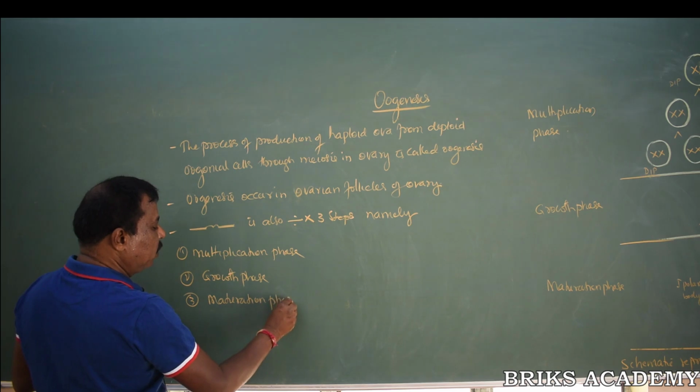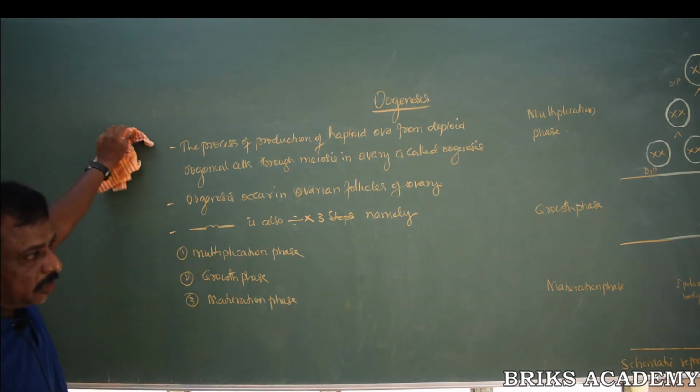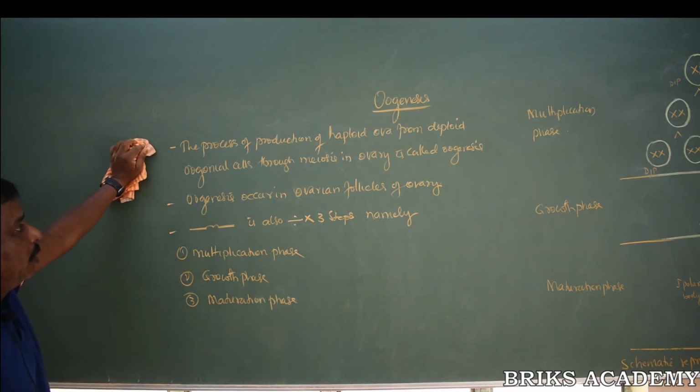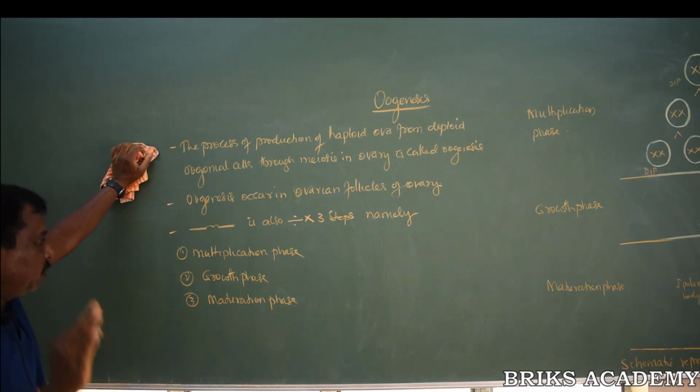These are the 3 steps or phases involved in oogenesis. So this process of production of haploid ova from diploid oogonial cells through meiosis in the ovary is called oogenesis, and it occurs in the ovarian follicles of the ovary, and it is divided into 3 steps, namely multiplication phase, growth phase, and maturation phase.